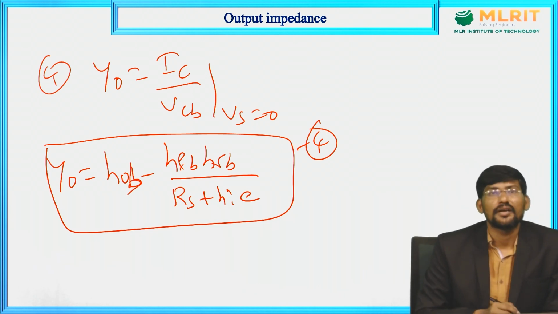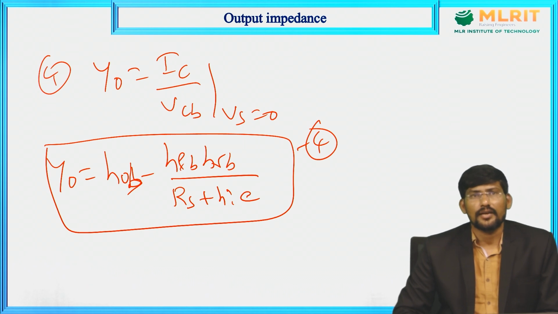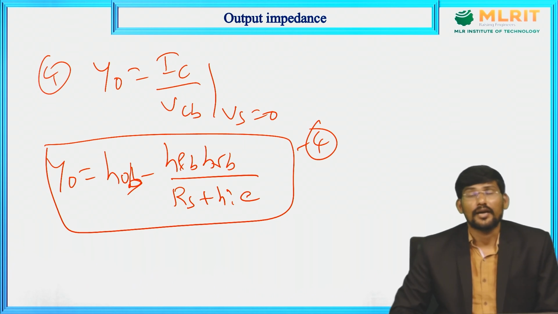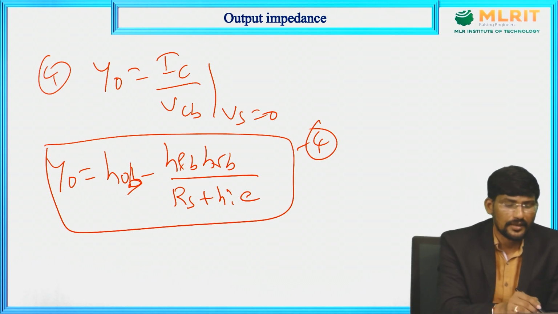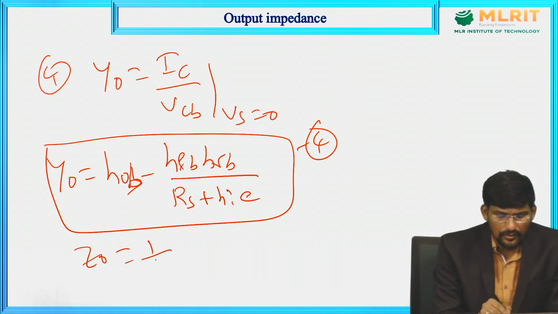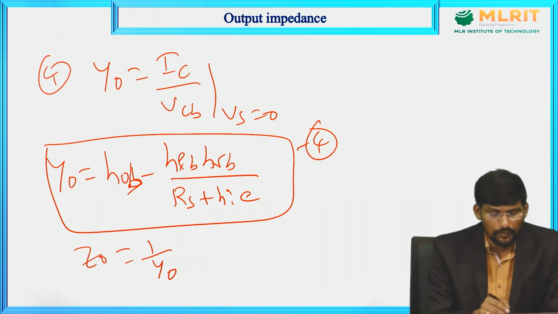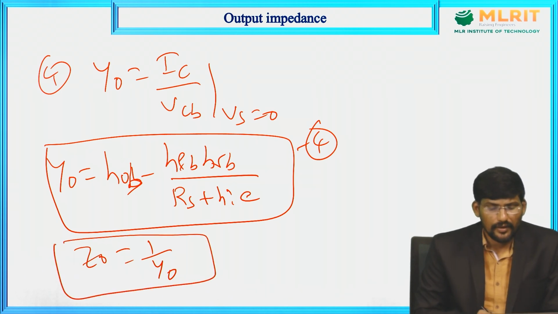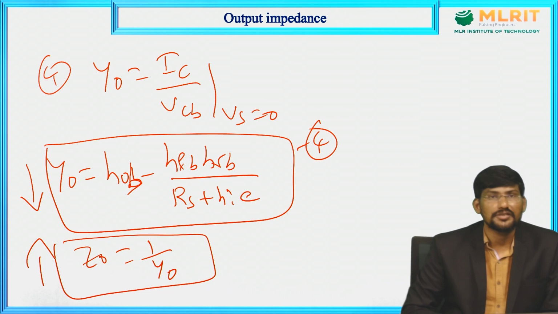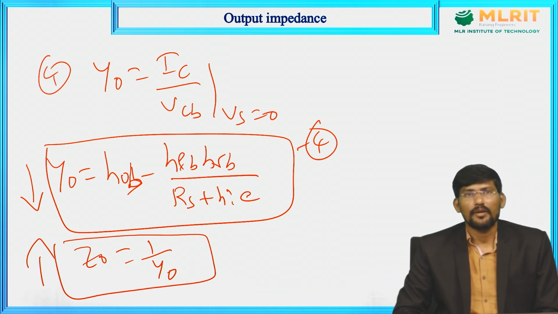H0B value is very small, around 0.49 microampere per volt, which is very less, so we can neglect output admittance. If you neglect output admittance, what is Z0? Z0 is the output impedance, which is the reciprocal of Y0. So 1 by Y0 will be the output impedance. If output admittance is very less, it means output impedance is very high in case of the common base amplifier.